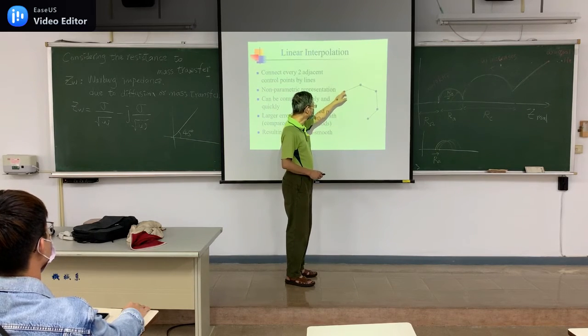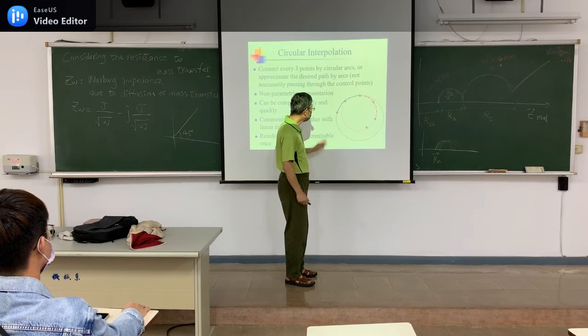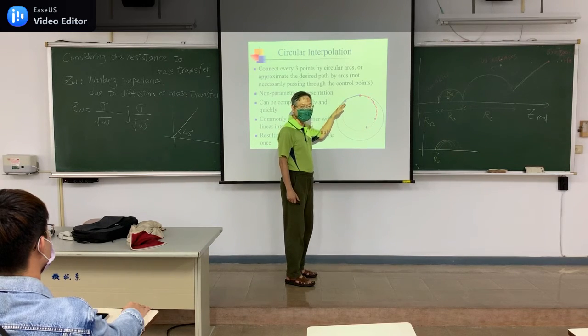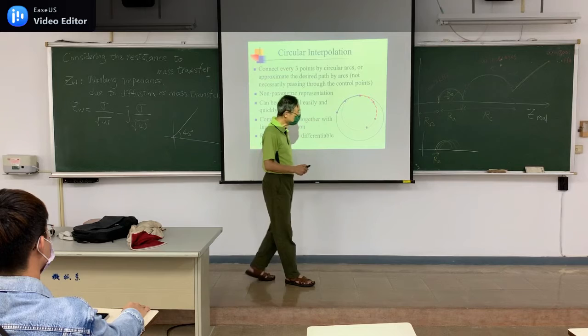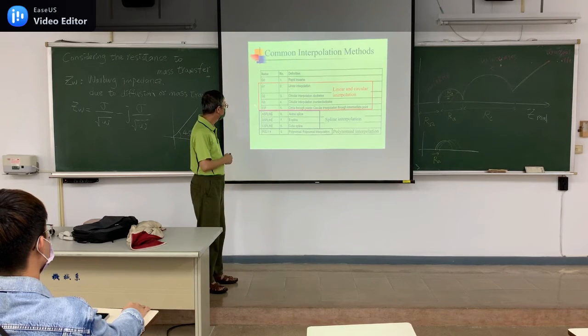From one point to another point, you want to have a circle. So for G2 and G3, we will specify the radius.